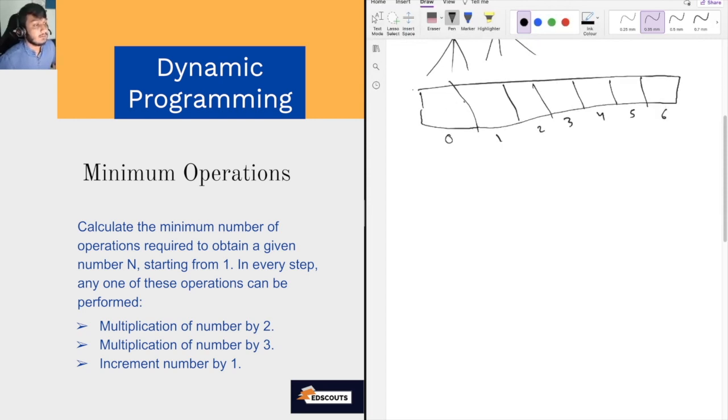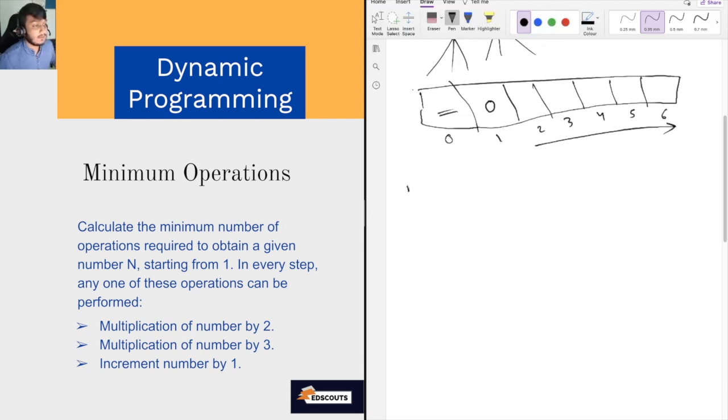Now let's look at it. For getting 1, how many operations do we require? We require only 0 operations. I'm not putting anything, it is not necessary to put anything here. So we are iterating from left to right, 2 to 6.